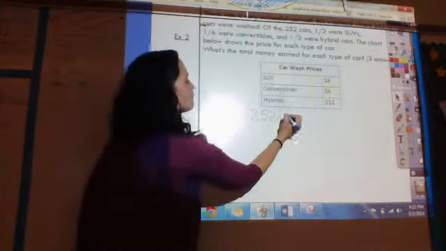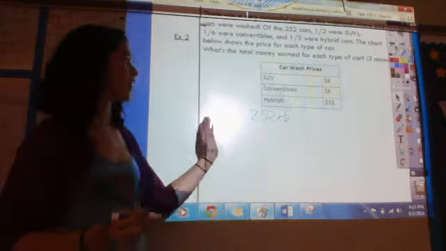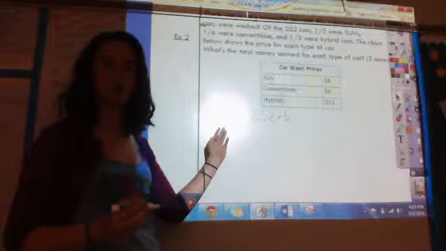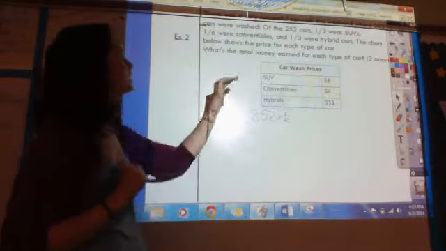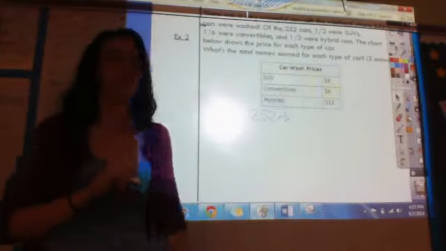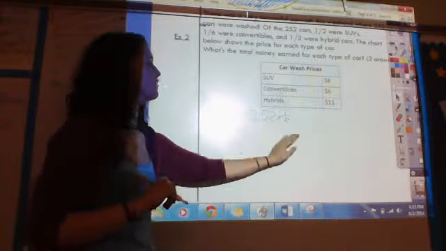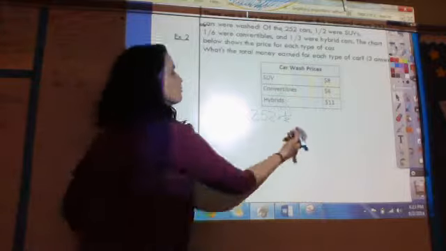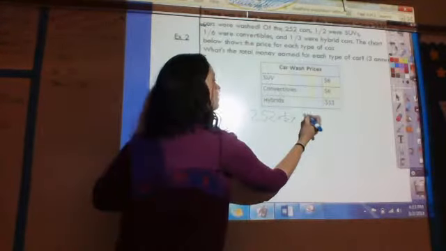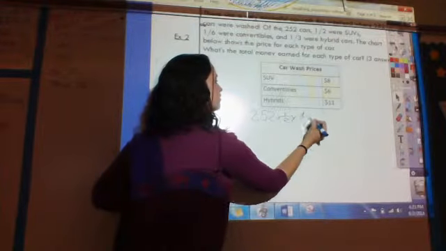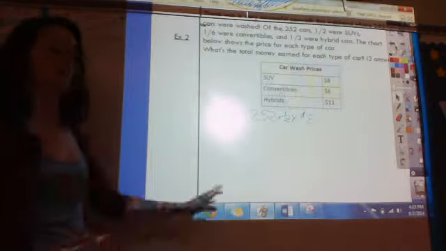I would multiply that by 1/2 in order to find out how many SUV cars there were. But that's not what my question is asking me. It's not asking how many were there, it says how much money was earned. So not only do I need to set up the half of 252, but I also have to multiply by the price, which was how much? $8. By $8. Okay? So let's start with this.